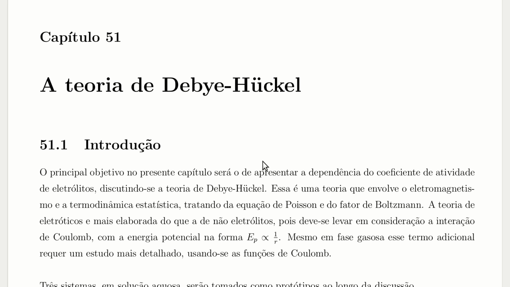Even in gas phase, it's a complicated problem because you have to handle this Coulomb tail. The potential energy is 1 over r of this form.